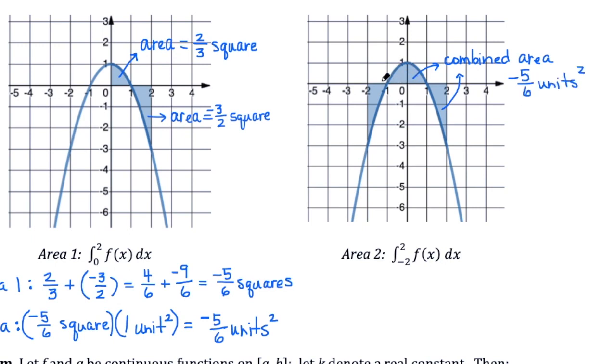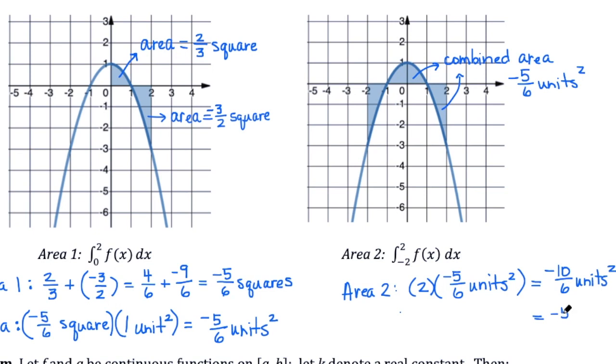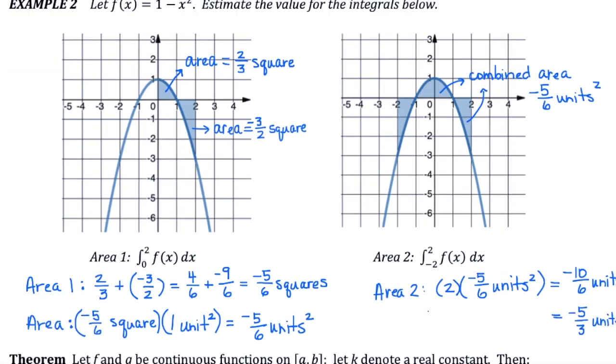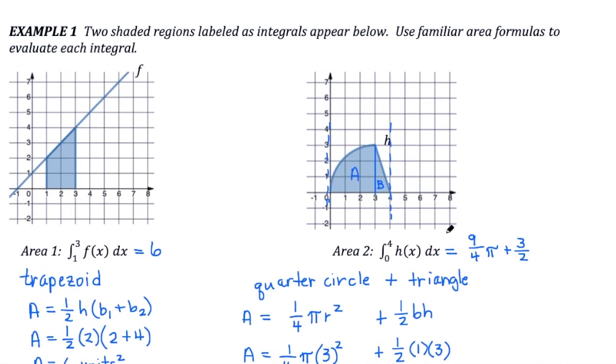There are identical regions on the other side of the y-axis. There's an equal size positive section and an equal size negative section. So to calculate area 2, we just need to double our last answer, which gives us -10/6 square units, or if we reduce it, -5/3 square units.